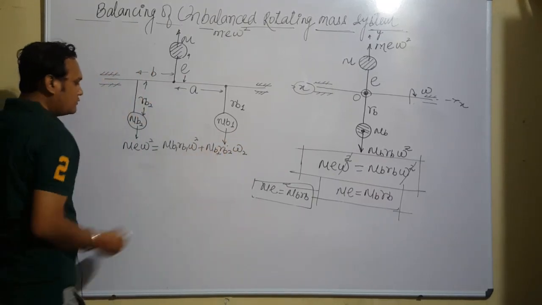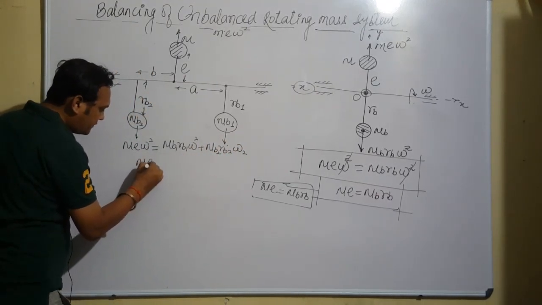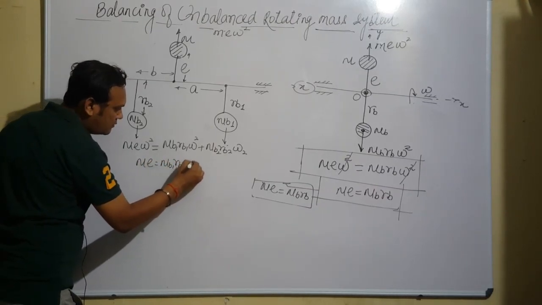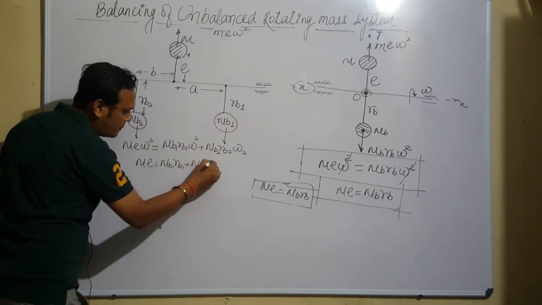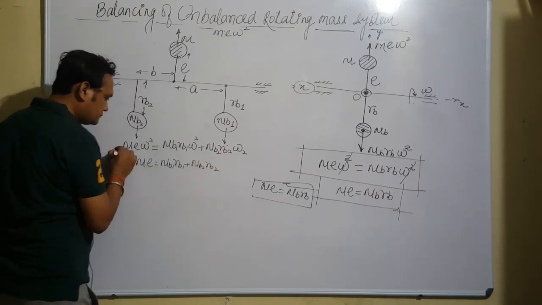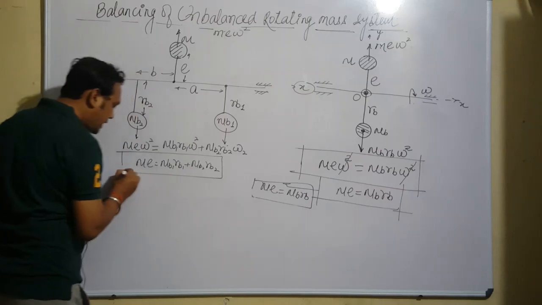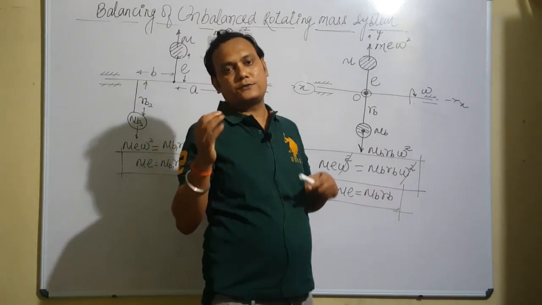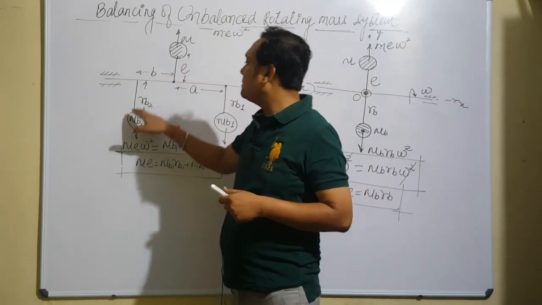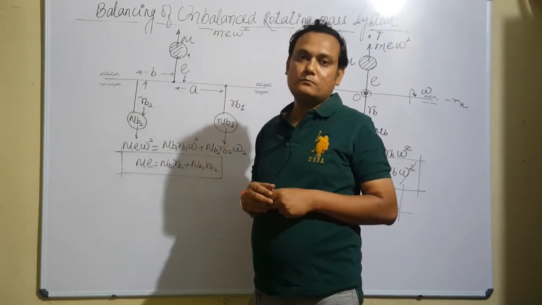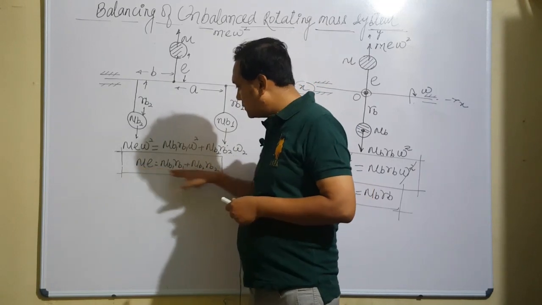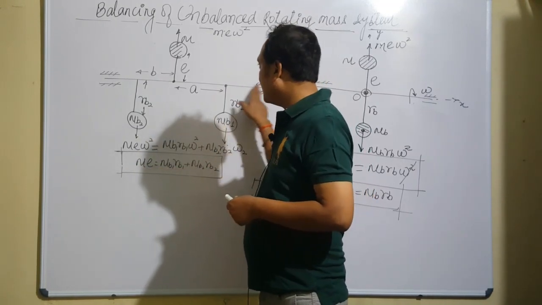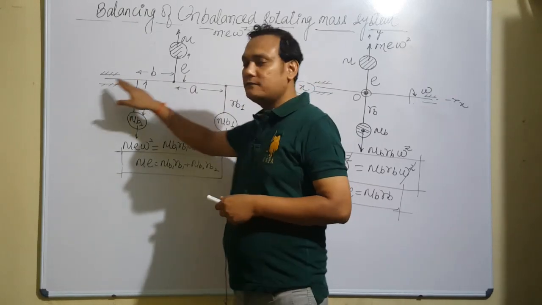Omega square you can cancel out. The condition becomes M e equals MB1 RB1 plus MB2 RB2. And if you apply the concept of center of mass on these three point masses and this condition holds good, again you will see the center of mass lies on the axis of rotation.